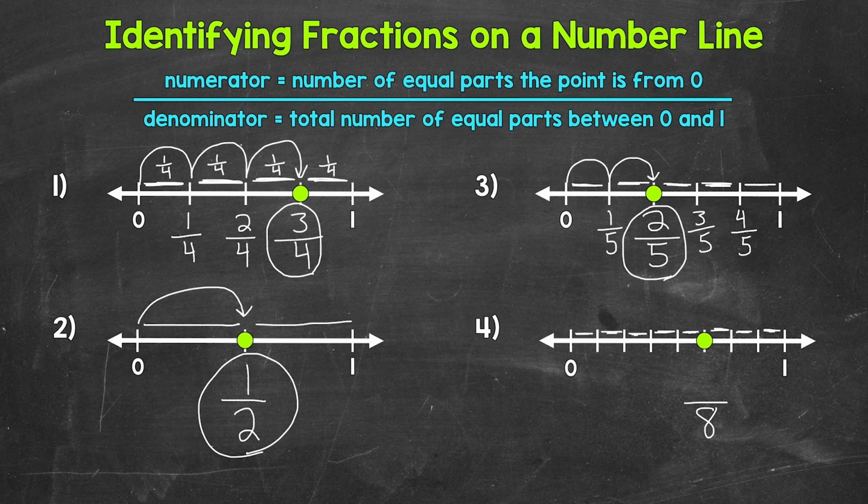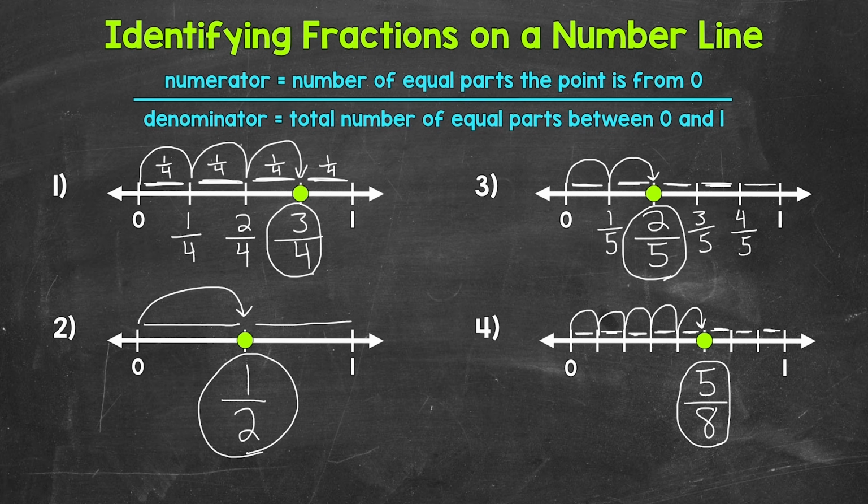Now for the numerator. So how many equal parts is the point away from 0? 1, 2, 3, 4, 5. So 5 is our numerator. This number line represents 5/8. And we might as well label the rest of the number line here.